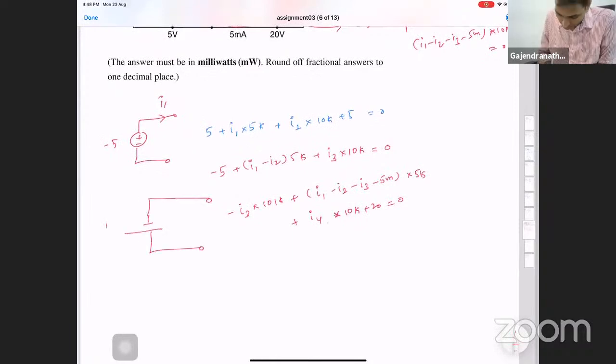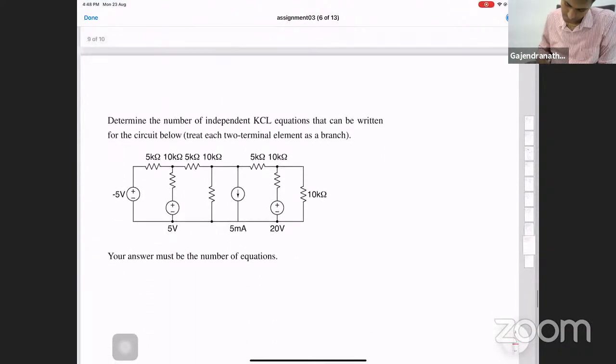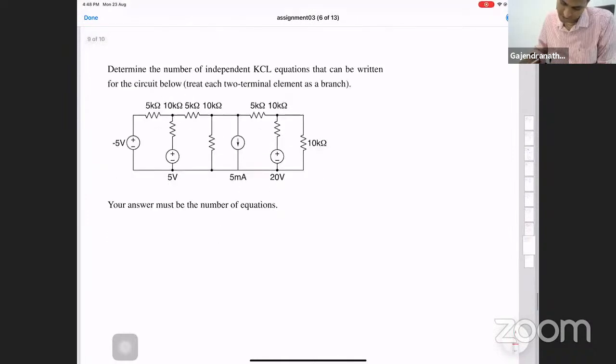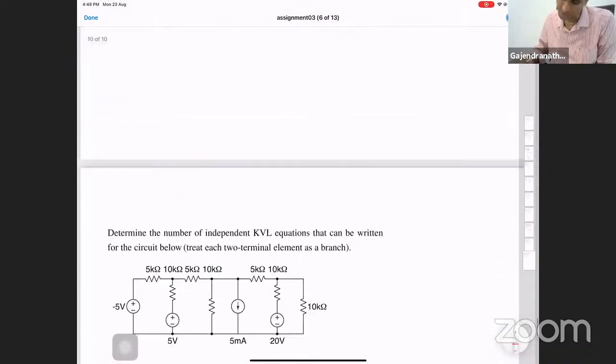So you have to find the current which is minus I1. So the power delivered by the minus 5 volts source is fundamentally 5 multiplied by minus I1. Whatever answer you get, you can write it. Now I think this you can solve at home. This also is just a formula based thing.